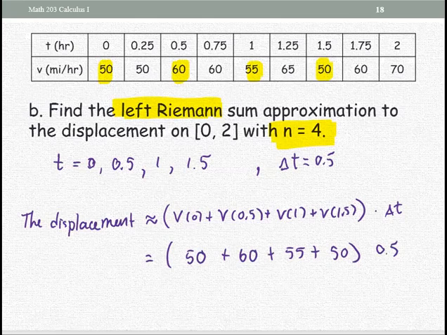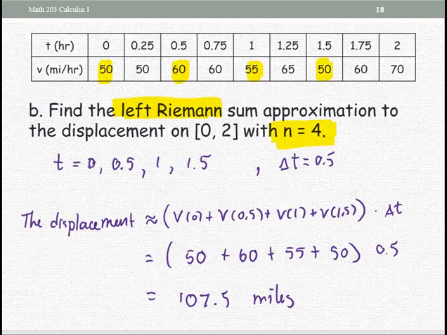The number should come out to be 107.5. The unit is miles. You can verify the number for me. This time there's no function involved, just the values from the table that we're going to use. Are we good for this part?